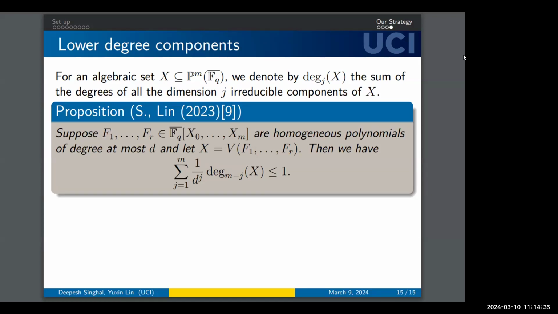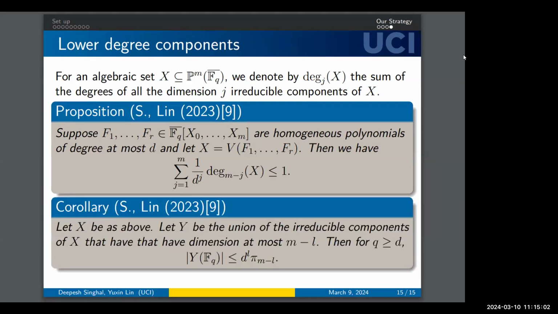But if we assign these weights of D to the J, so as you go into a lower dimensional degree, you get a higher term in the denominator, then this weighted sum remains bounded by 1. And so this gives us a way of bounding the degrees of the lower dimensional components, with which we can bound the number of points in the lower dimension.